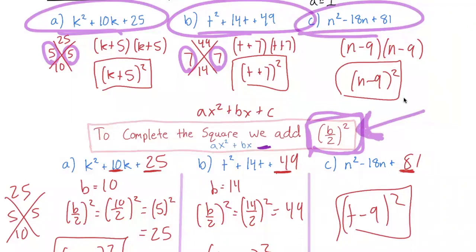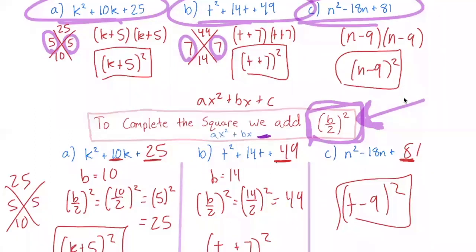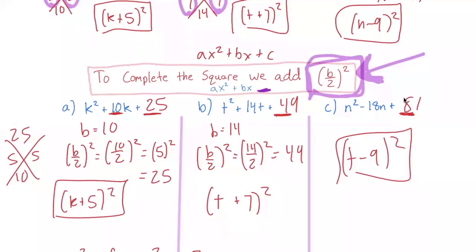In this situation, to find that third number, you would use b over 2 squared. It's kind of going slightly backwards. If I didn't know what these numbers were, I would find my b. My b is 10.